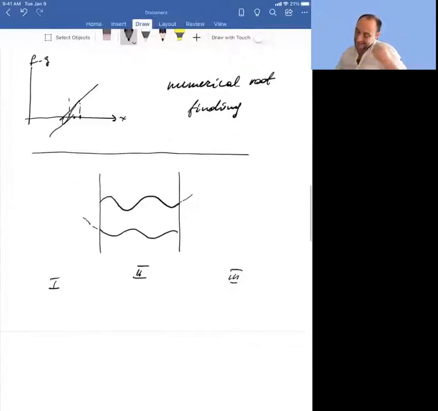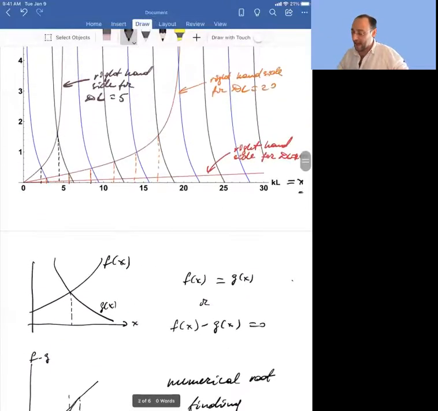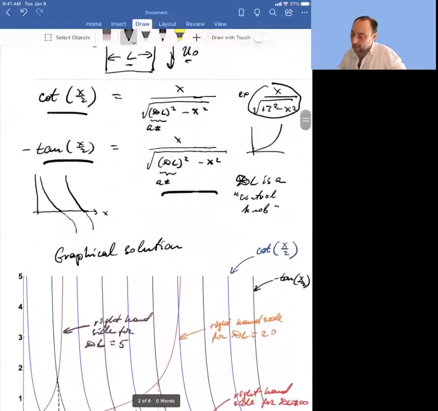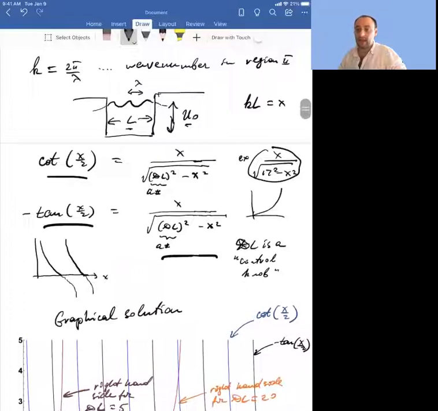So it's possible to satisfy all four boundary conditions only for very specific values of k. And those are the values of k that solve these four equations. And we're just using x to simplify the equations, okay? That's what we're doing.